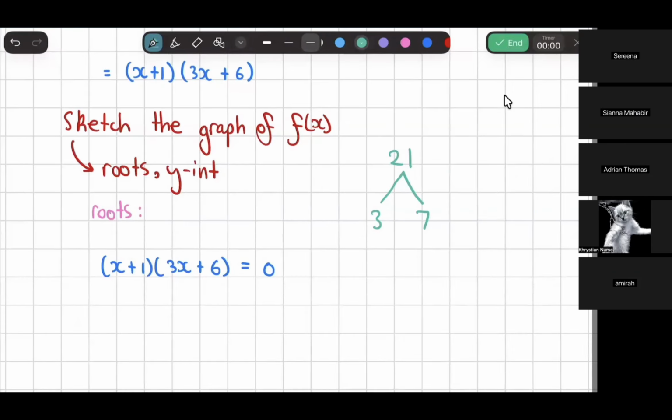You could think of a factor as a piece of a number. Some factors of 21 are 3 and 7, because both of them make up 21 and could go into 21 without leaving a remainder. Serena, you see that? 3 could go into 21 7 times, and 7 could go into 21 3 times. So think about it, Serena.